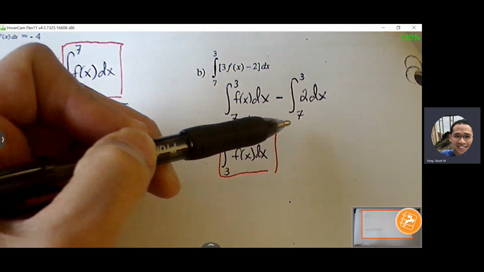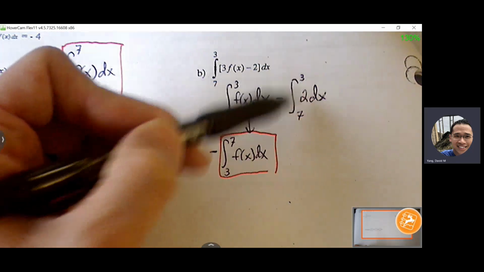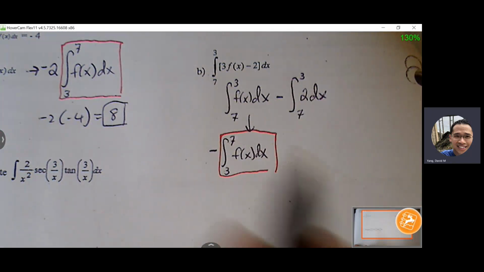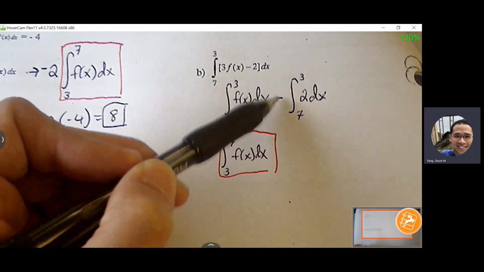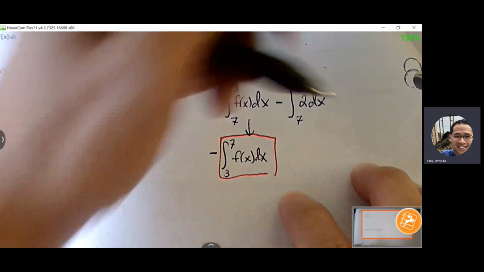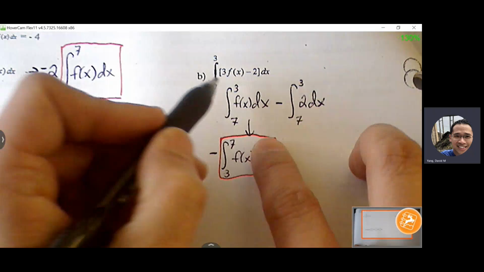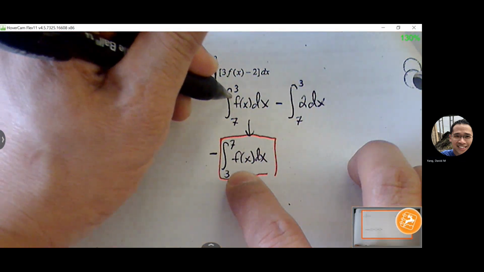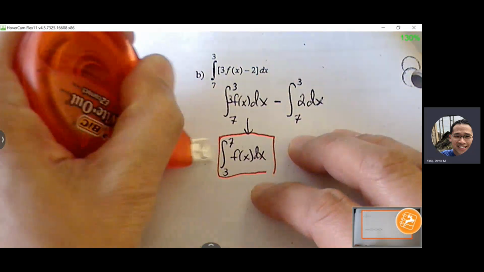You can flip the bounds if you want, but because we're doing the process for power rule, we don't have to flip the bounds because if we just follow the procedure, it'll work out the same way. But if you want to flip the bounds, you can from 3 to 7 and change that to a plus. But either way, we'll get the same answer. Okay. Yes. Oh, 3, sorry. That 3 needs to be drawn out in front. So let me pull a -3 out of front. Forgot about that.